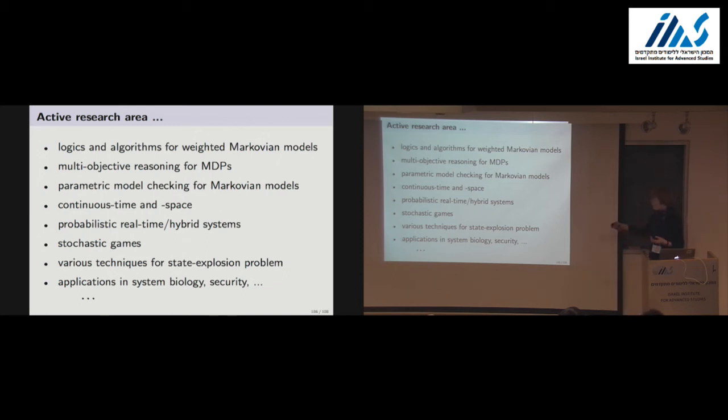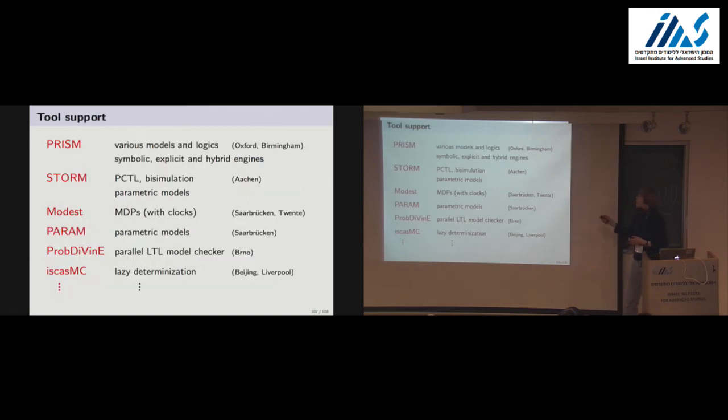There are various techniques to tackle the state explosion problem and various directions on how to apply these techniques in practice. There is now also a series of tools, and probably the most prominent one is PRISM, developed at Birmingham and Oxford, which supports Markov chains, Markov decision processes, and also continuous time versions, also some kind of games, and also probabilistic timed automata.